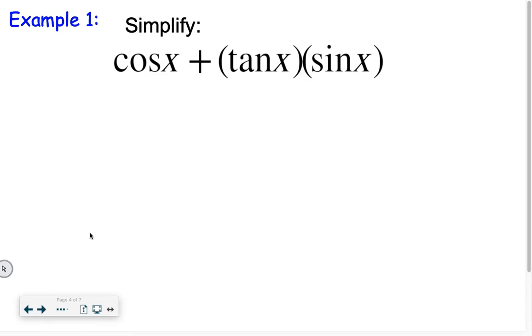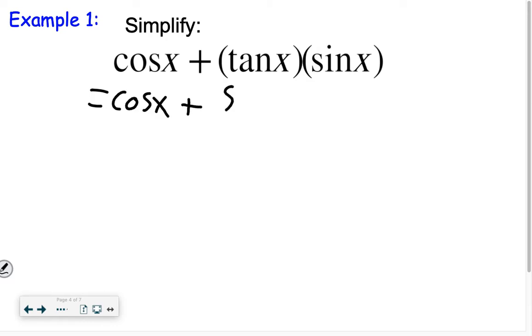Okay, so here's an example. We're asked to simplify this. So we're going to use some identities that we just talked about to simplify this. Well, cosine of x, I'm just going to leave as cosine of x. Tangent of x is just sine of x over cosine of x, right?